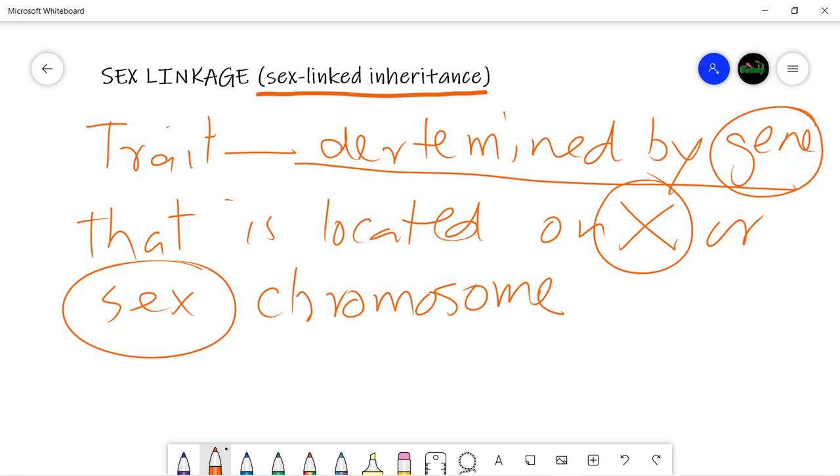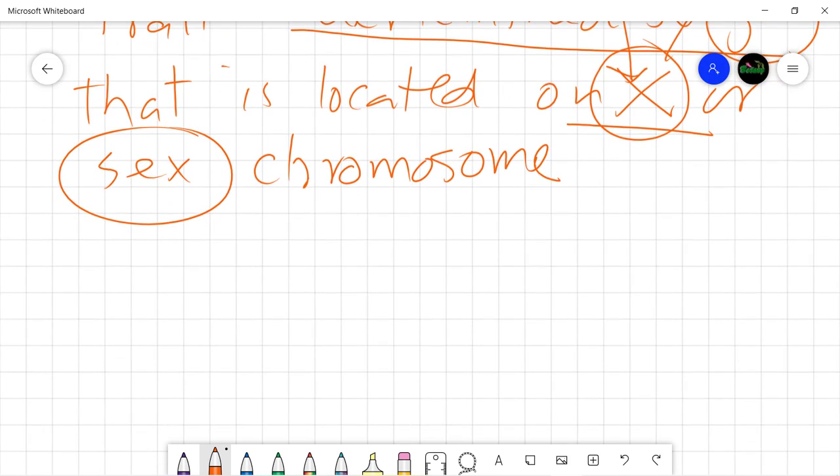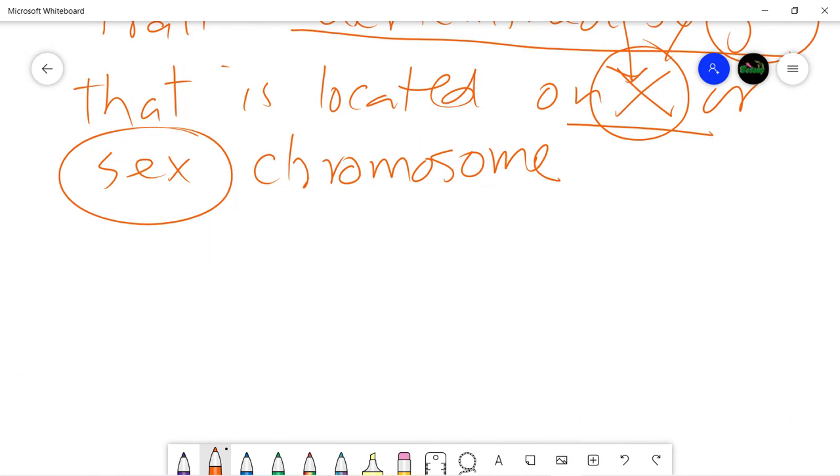And this is what we have already seen, if you remember, in our previous videos on sex determination. So the inheritance of that trait, since it is linked with the chromosomes that determine the sex, and since those genes are carried by the X chromosome, is sex-linked inheritance.